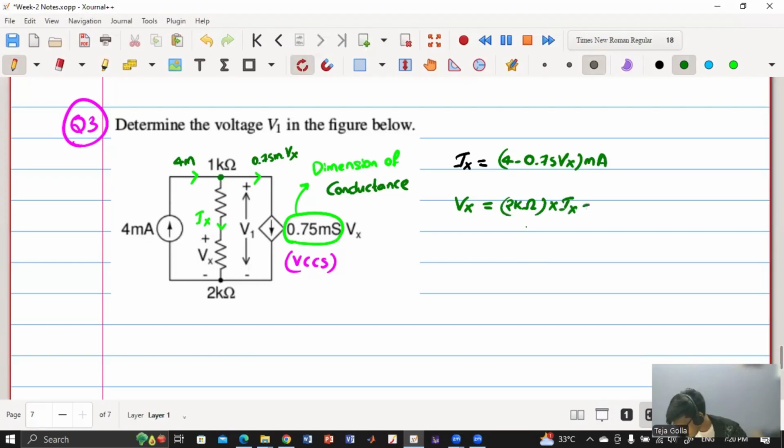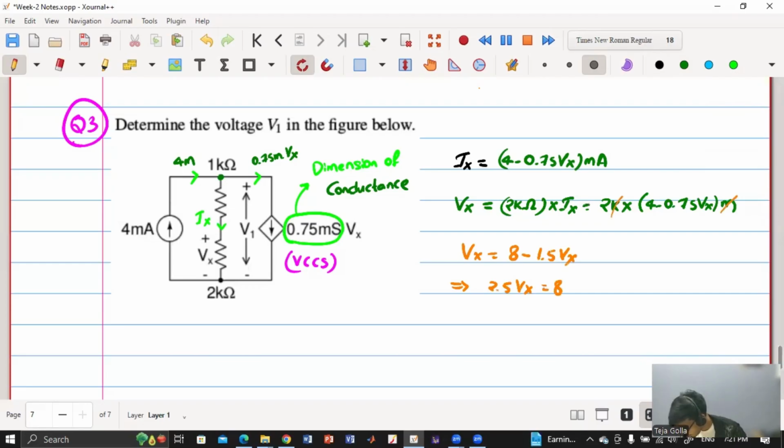So I can write 2k into 4 minus 0.75 Vx into milli. So kilo and milli will get cancelled. So basically what I'll be getting is Vx is nothing but 8 minus 1.5 Vx. So if I bring it back here, I'll get 2.5 Vx is equal to 8.